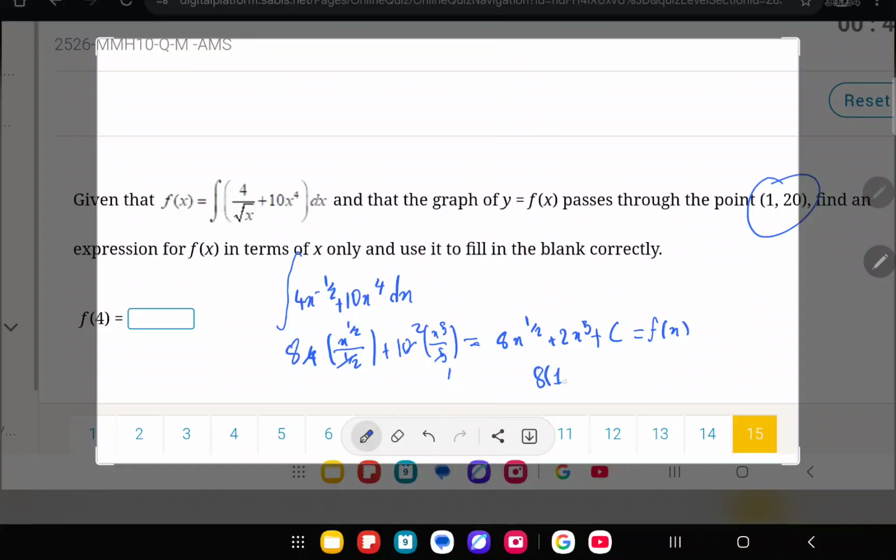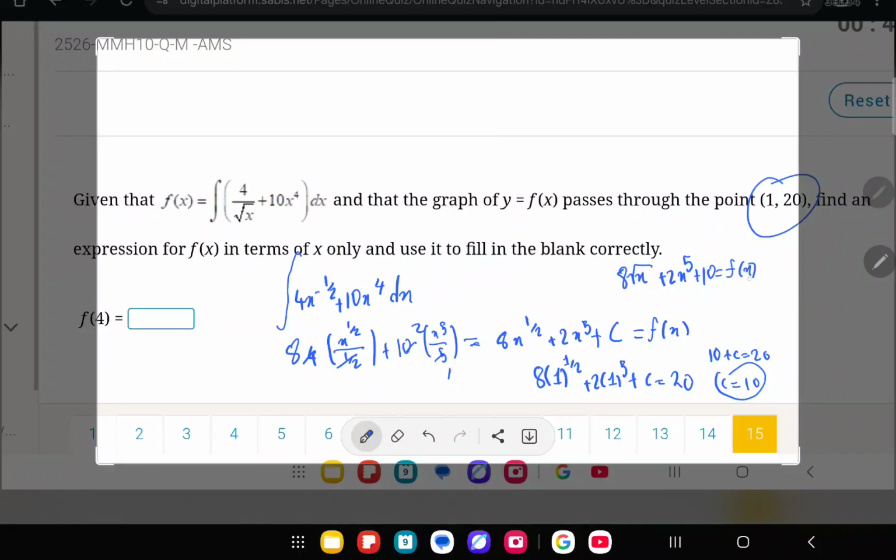So we just substitute here, and then c should be 10. Because you get 10 plus c is equal to 20, c is equal to 10. So now we know that 8 square root of x plus 2x to the power 5 plus 10 is equal to f(x).